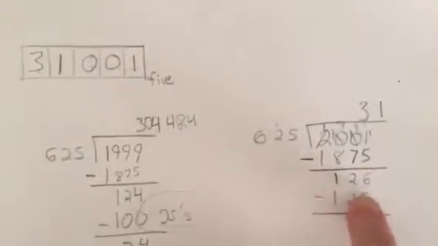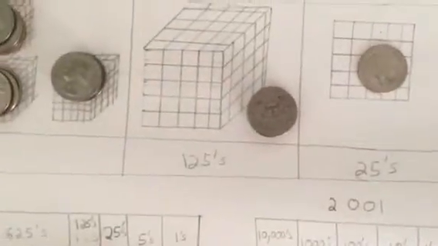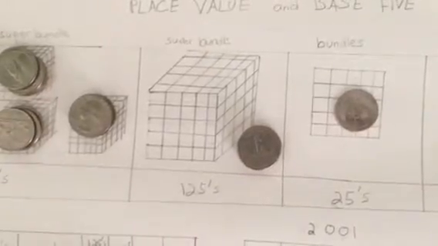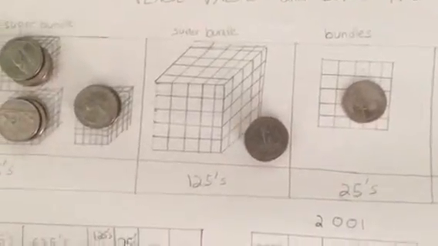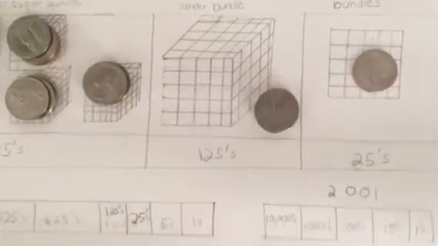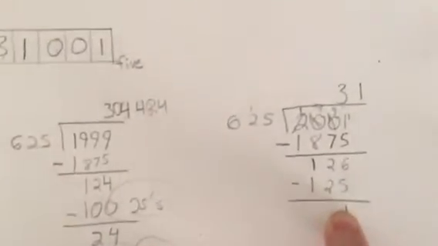Then we come up again and we look, okay, we have the number 126. So do we choose 1s, 5s, 25s, or 125s to go into 126? That's an easy answer, 125. So we'll go into 125.